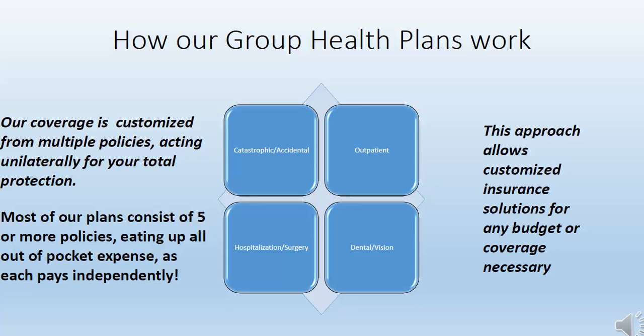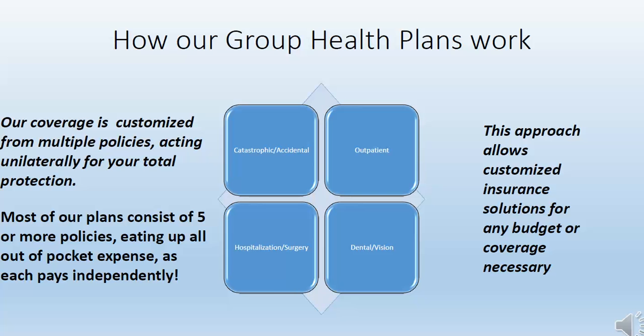And these policies, if you look at the top left here, is either catastrophic and accidental, along with outpatient to the right, and the bottom left, hospitalization and surgery. Between all of those policies, we can eat up most, if not all, the out-of-pocket expenses as each one pays independently.